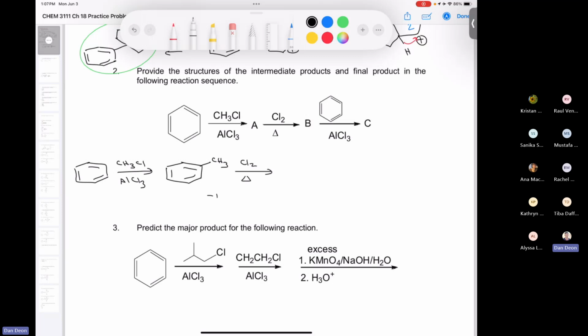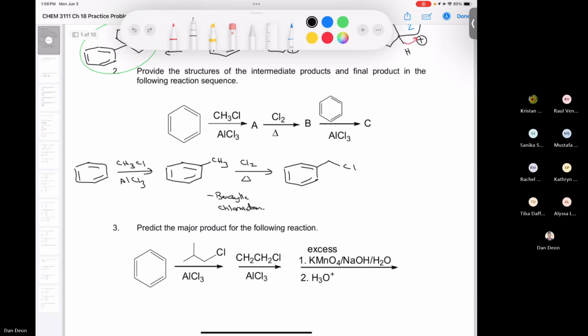And so that's going to give you a benzylic chlorination. This is a reaction that we would have covered in Chapter 17 in some detail. And so that would give you benzyl chloride. So we're only going to chlorinate once. And then in the next step, we're going to treat that with benzene and aluminum chloride. So this is going to be our alkyl halide this time.